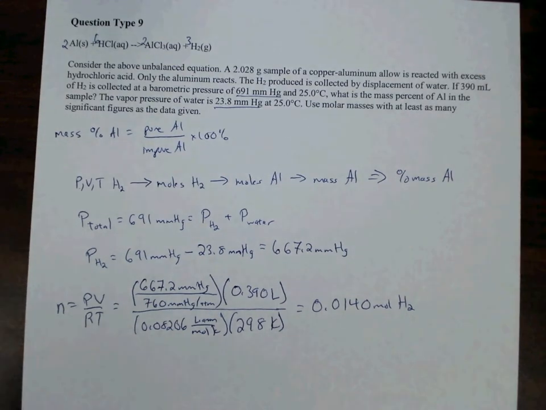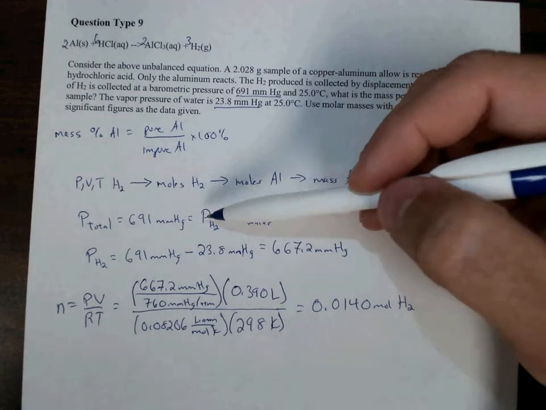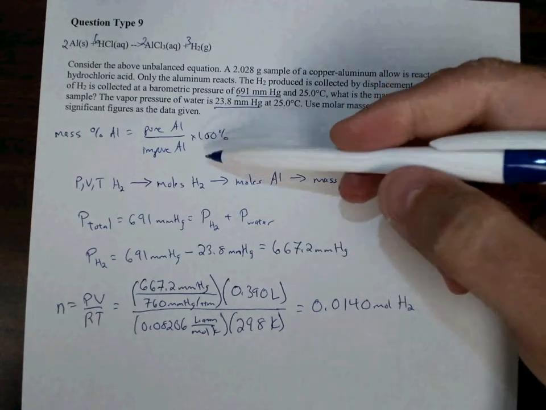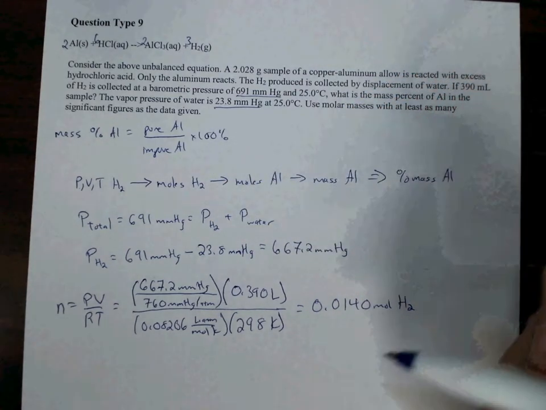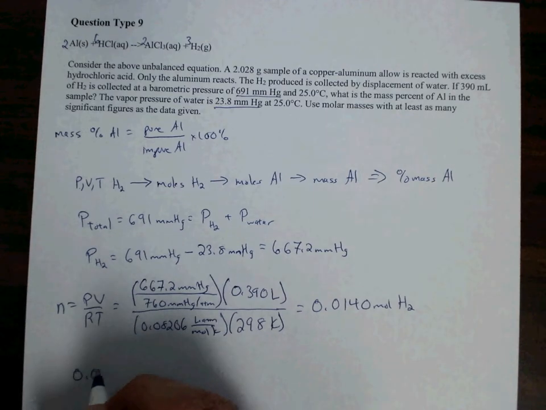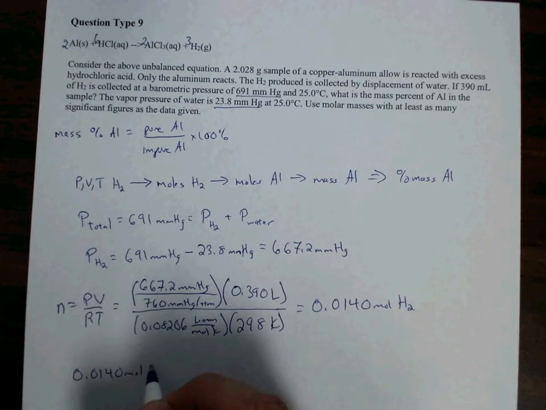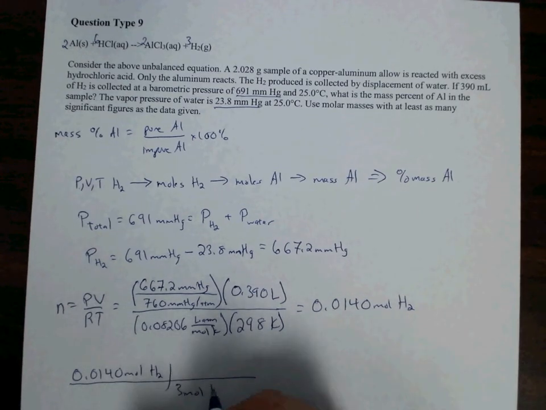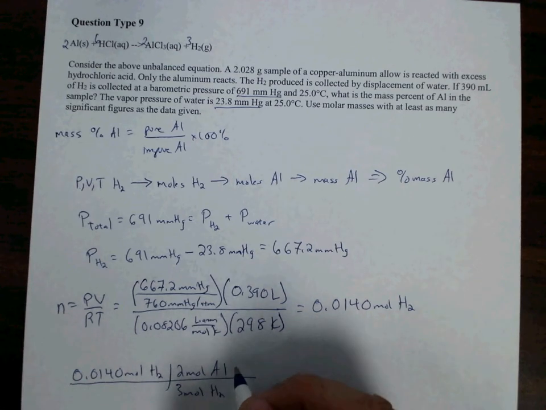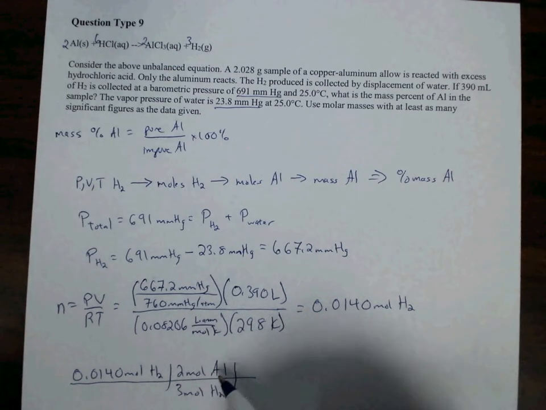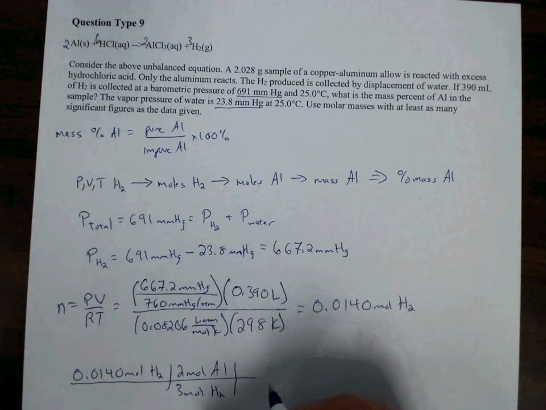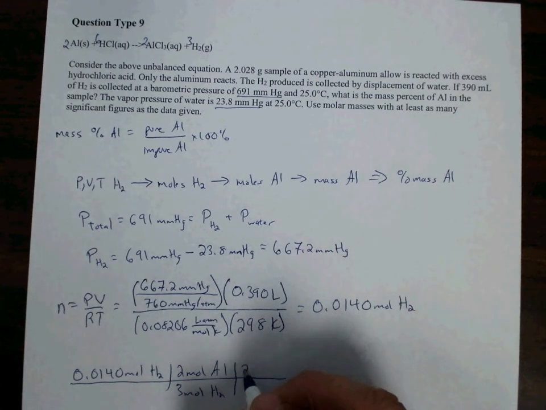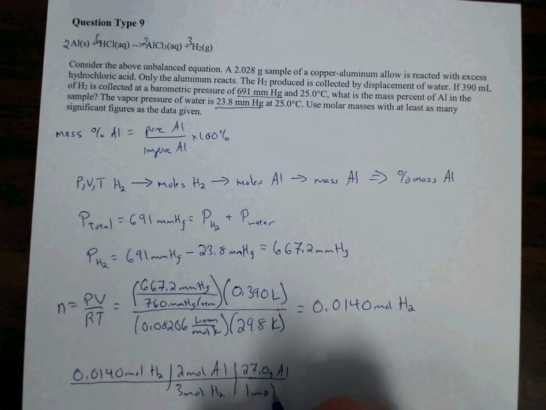Now we've got to do the conversion of moles of H2 to moles of aluminum. So 0.0140 moles H2, for every 3 moles of H2 you used up 2 moles of aluminum. Alright, we could stop there, but let's just go a little bit further and add the 27.0 grams of aluminum into this step.